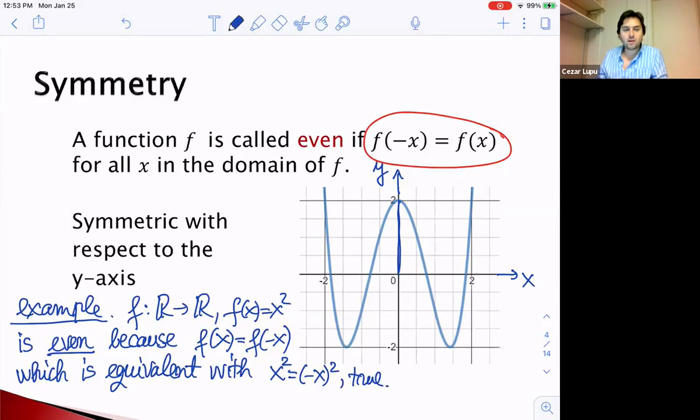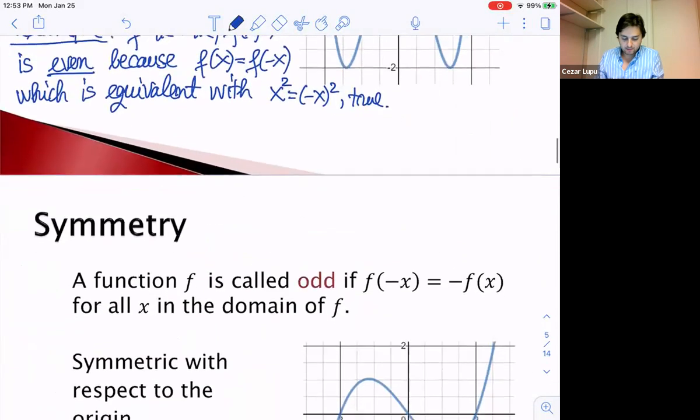So this is what it means for a function to be even. Also, when you have the quadratic function, the graph will be a parabola, symmetric with respect to the y-axis. Okay. All right.